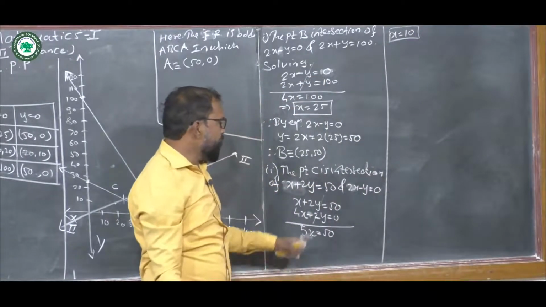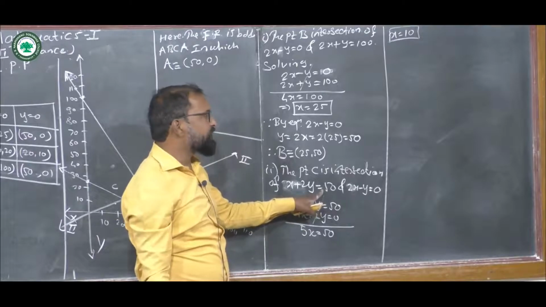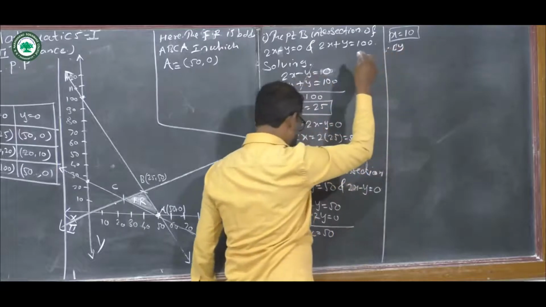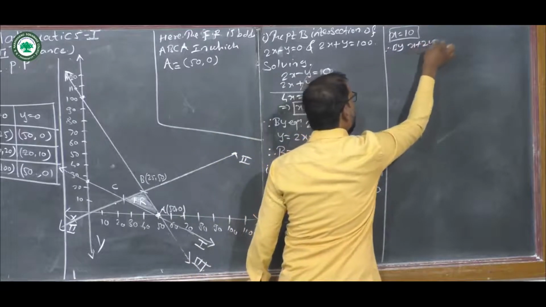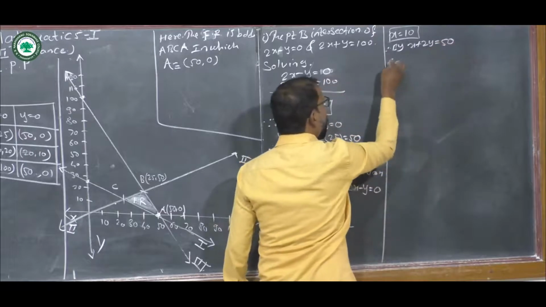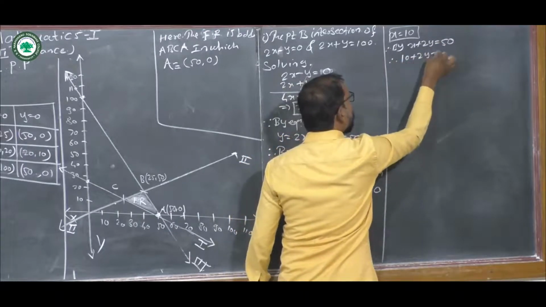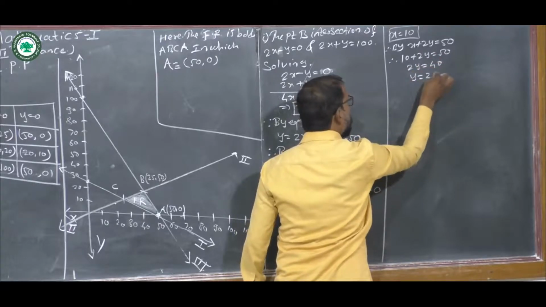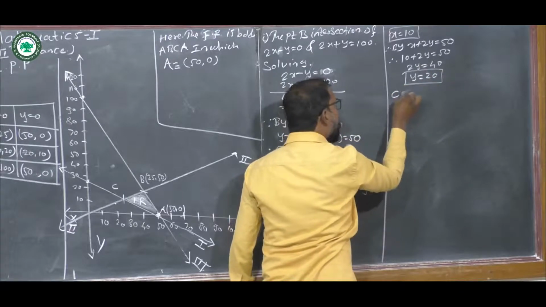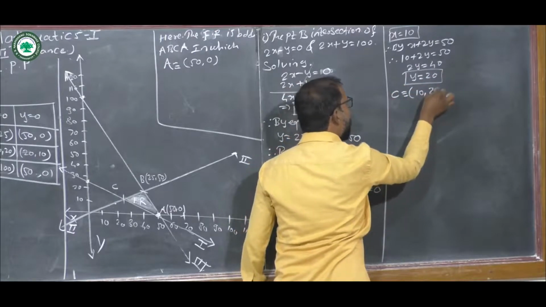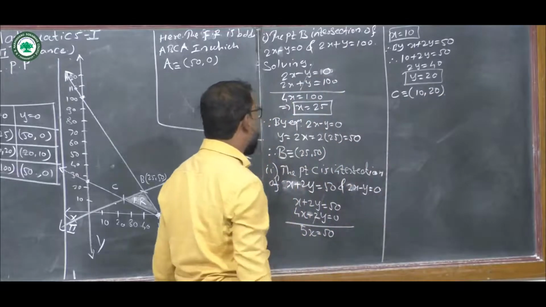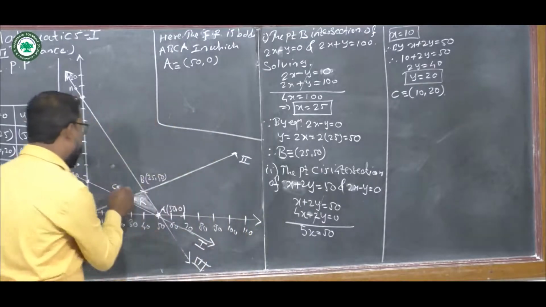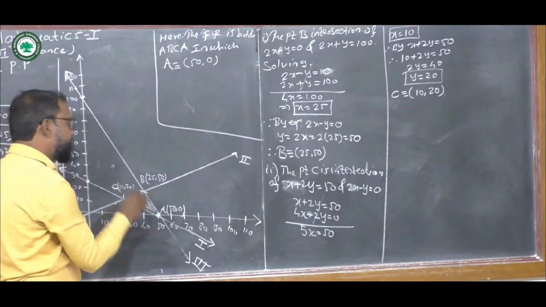Now putting this value x equals to 10 in the first equation, x plus 2y equals to 50, we get 10 plus 2y equals to 50, that is 2y equals to 40, that is y equals to 20. So the coordinates of point C are 10, 20.